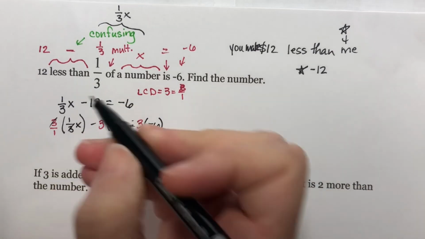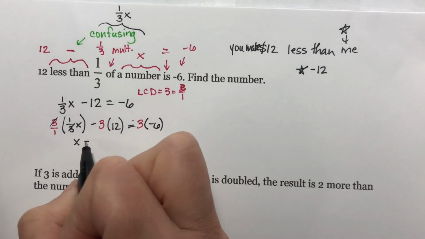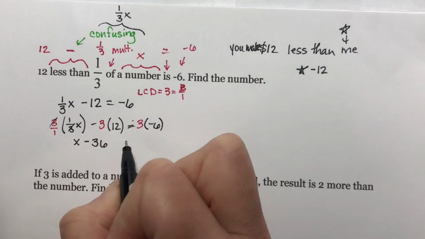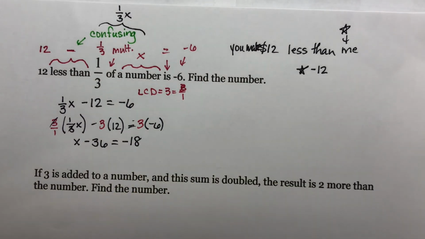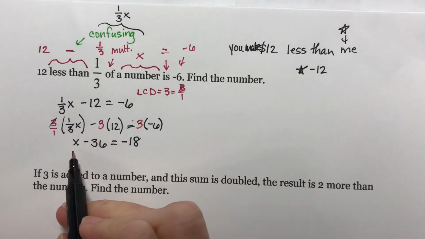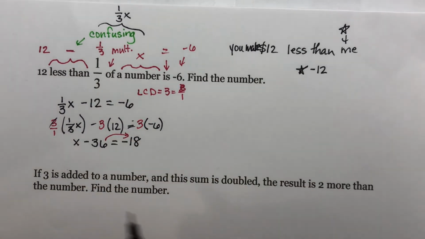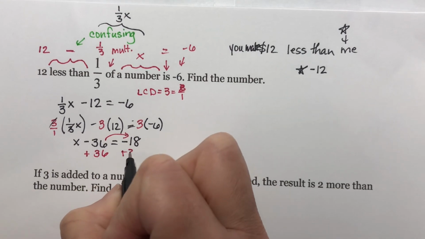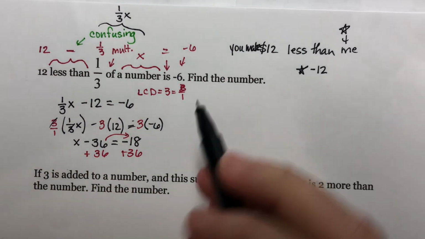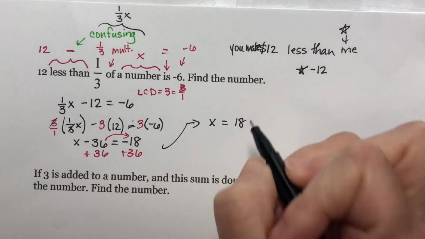Here, these cancel out. These were reciprocals, so I get simply x minus 36 equal to -18. Now, to keep solving this, I need the x alone, which means I need to move the 36 over to the right. This is a minus, so I add 36 to both sides. And that gives me x equals 18.